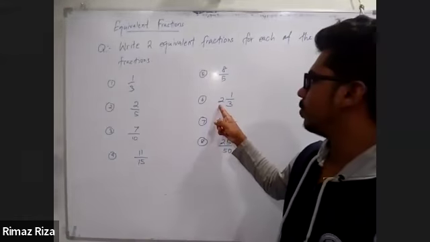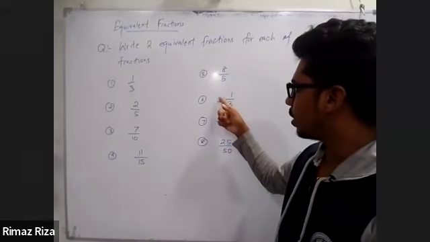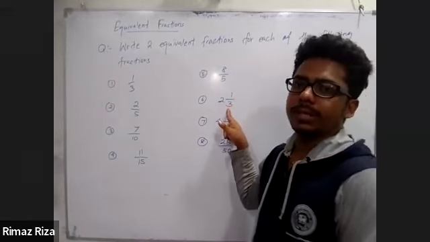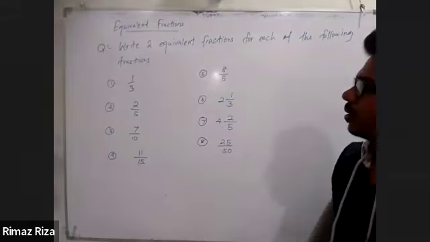Now for this question, if you want to write the equivalent fraction, first you have to convert this mixed number to an improper fraction. After that, you can write the equivalent fraction.